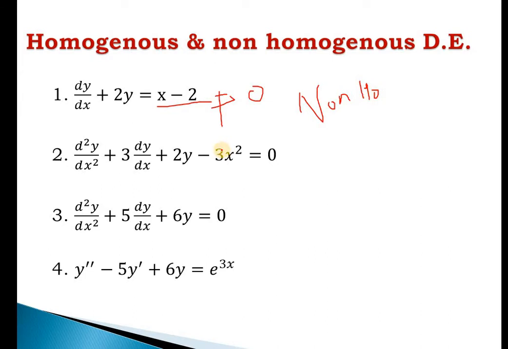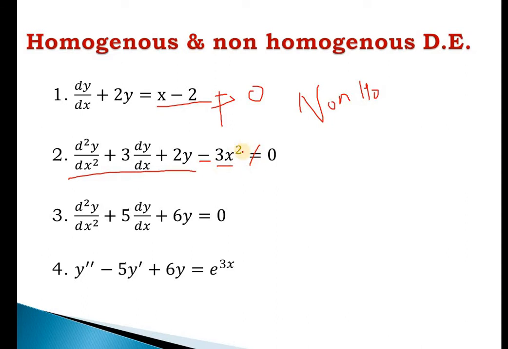In the second example, if you observe d2y by dx square plus 3 dy by dx plus 2y minus 3x square, there is a term. If I shift it to the RHS, it becomes equal to 3x square and it is a non-zero term. In the standard form, we shift the function terms to the RHS: a naught d2y by dx square plus a1 dy by dx plus a2y is equal to f of x.